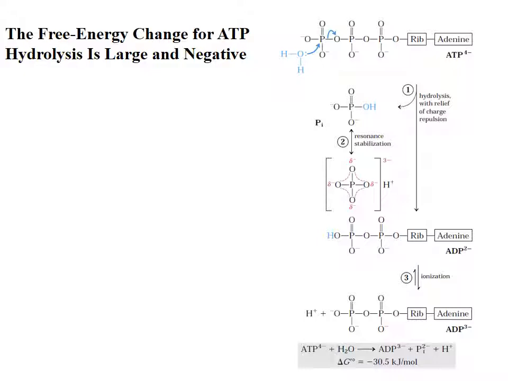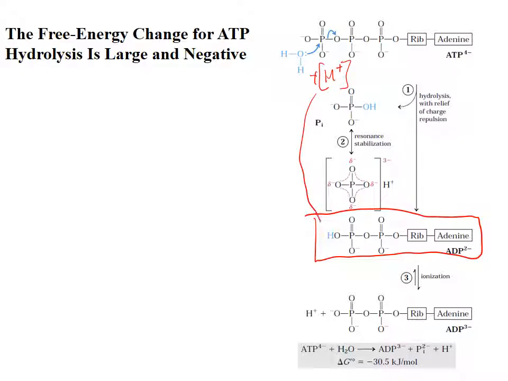This obviously releases a phosphate group, and with that, it takes care of the large negative repulsion in ATP, resulting in ADP. And remember, we generated a free hydrogen ion here, which is now right here shielding this negative charge.